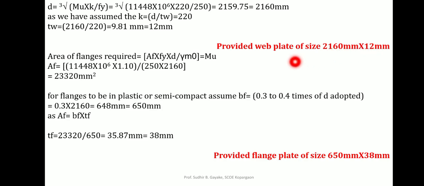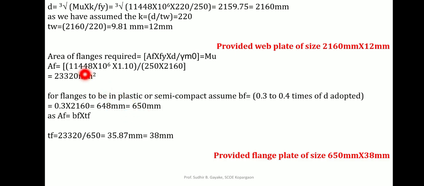Now again equating the factored bending moment with the moment of area of flanges multiplied by depth, we get the area required for flanges as 23,320 mm square. For flanges to be plastic, we approximately fix the width of flange as 0.3 to 0.4 times your depth. Here also we adopt 0.3 into 2160, almost 648, and round this value to 650.